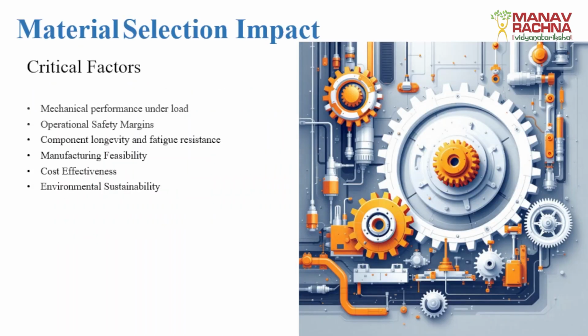So, when we design machines, we don't just think about the geometry and mechanics. We also need to choose materials wisely based upon their crystal structures and resulting properties. A few critical factors include longevity and fatigue resistance, and cost effectiveness, which is equally important as environmental sustainability.